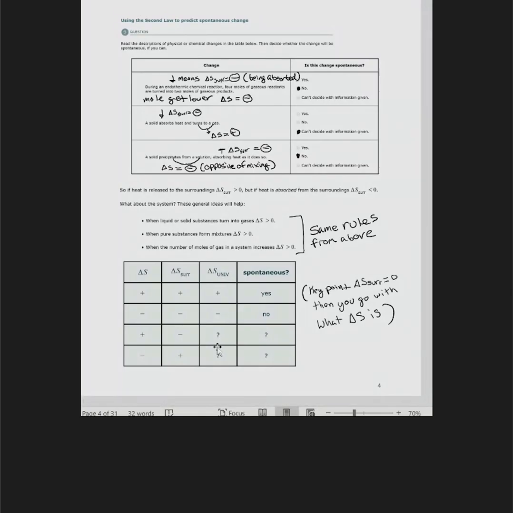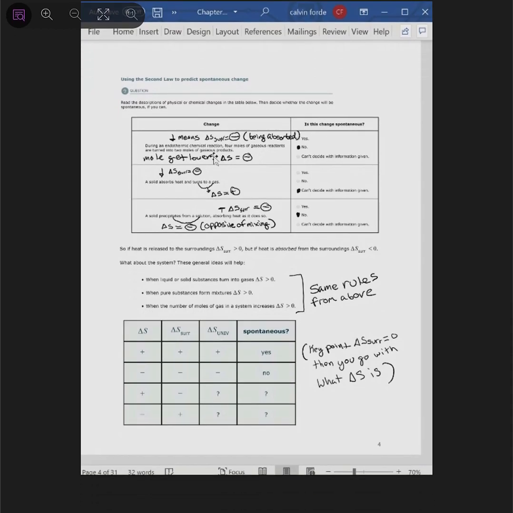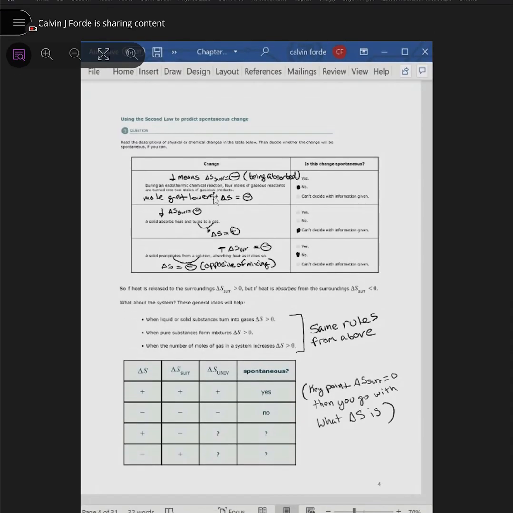All right, so first question, it says, during an endothermic chemical reaction, 4 moles of gaseous reactant are turned into 2 moles of gaseous product, right? Automatically, what we know is we can solve for delta S, right?